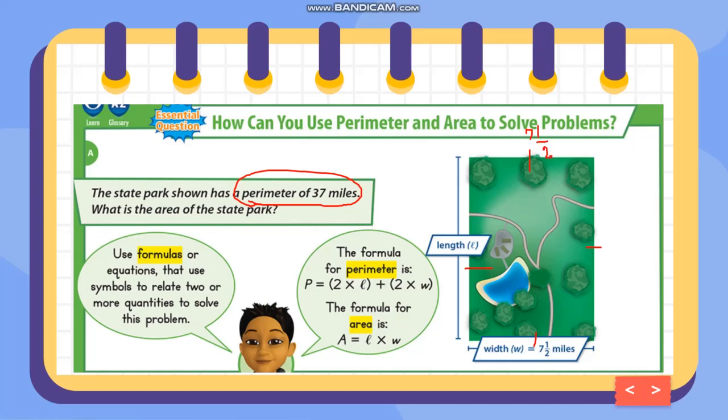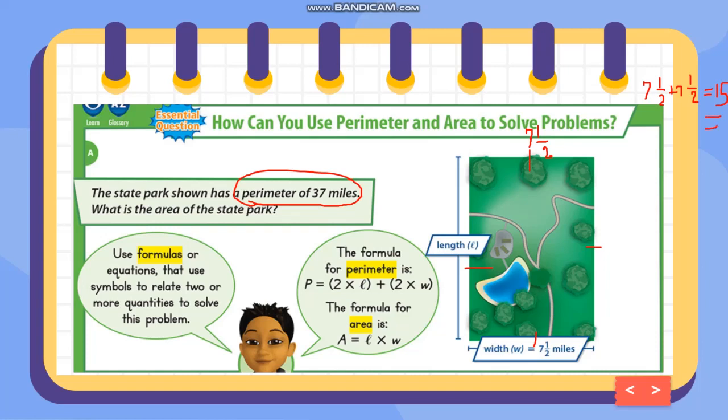What is 7 1/2 plus 7 1/2? 1/2 plus 1/2 is 1, then 7 plus 7 is 14. So 14 plus 1 is 15.